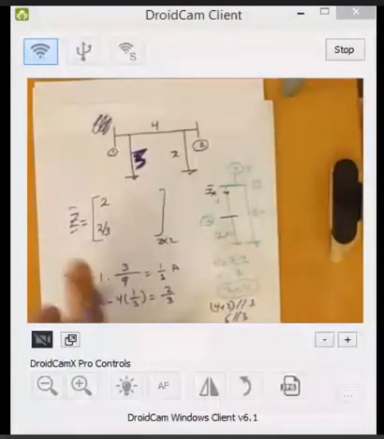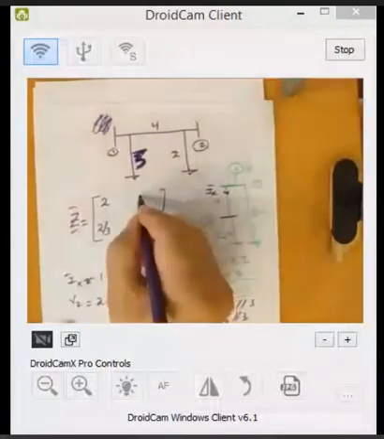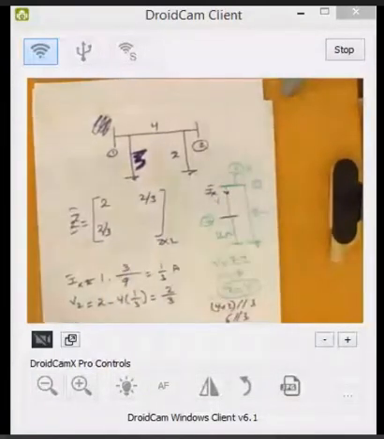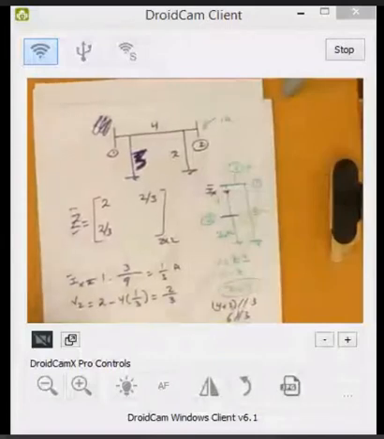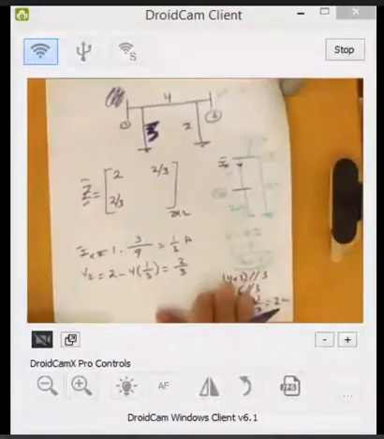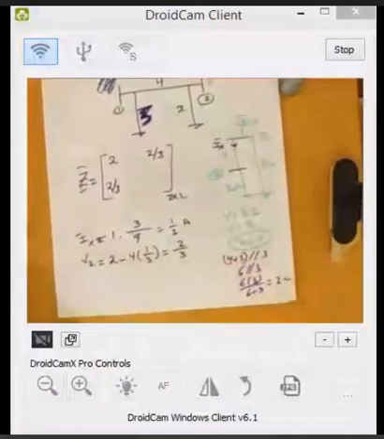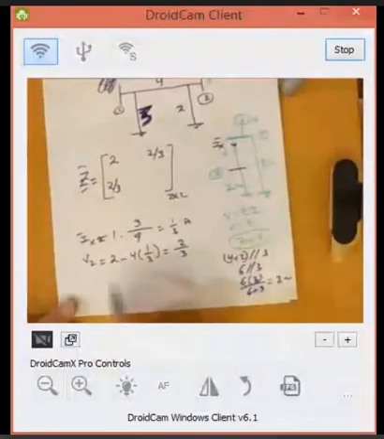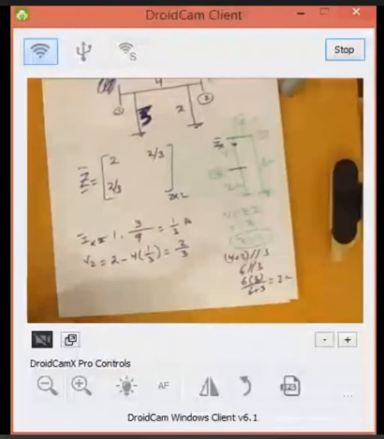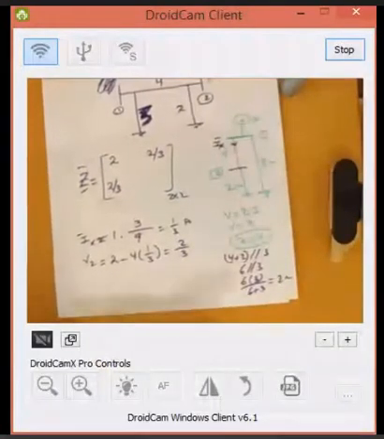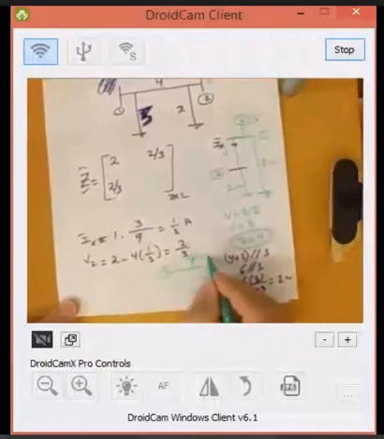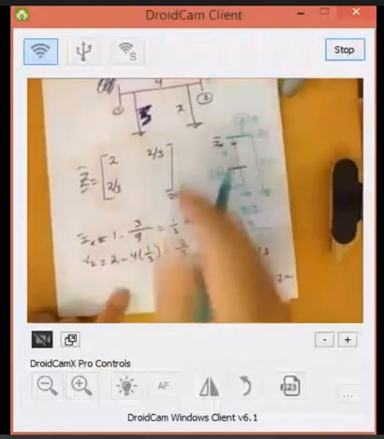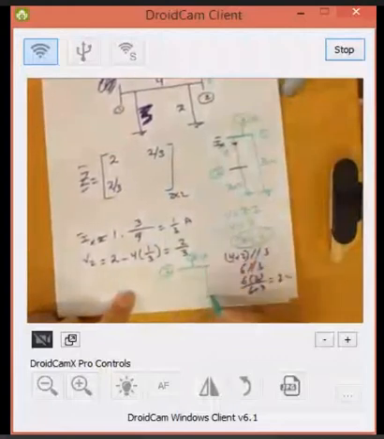Of course, whatever you have here, we should have it here. Now inject 1 ampere here, at bus number 2. The current source is 1 ampere. Bus 2 is directly connected to the ground with 2 ohm.